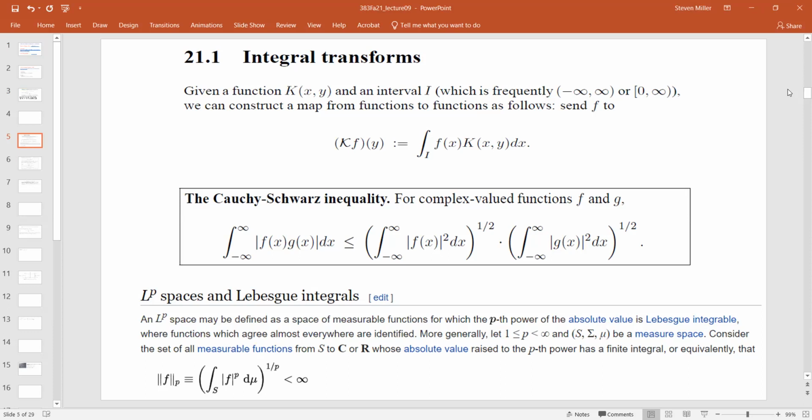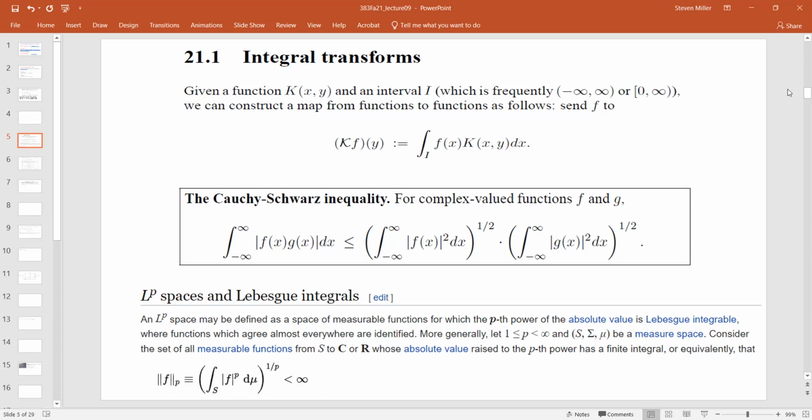So which k's are worth studying? That's the interesting question. Now, we also want to know when things are going to converge. So something we will be using frequently to prove certain spaces will be nice is the Cauchy-Schwarz inequality. It says if I take 2 functions f and g and I integrate them, then the absolute value of the integral is at most the square root of the integral of f squared times the square root of the integral of g squared. And hopefully in real analysis, you've talked a little bit about L^p spaces.